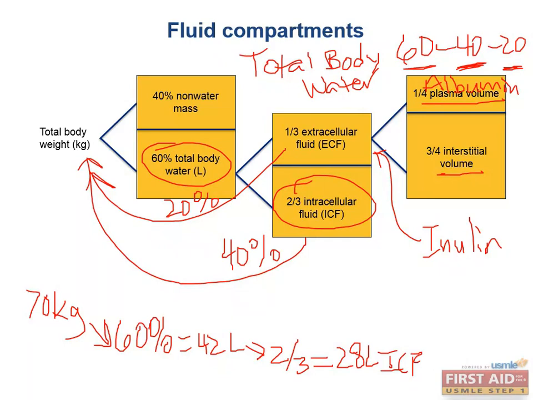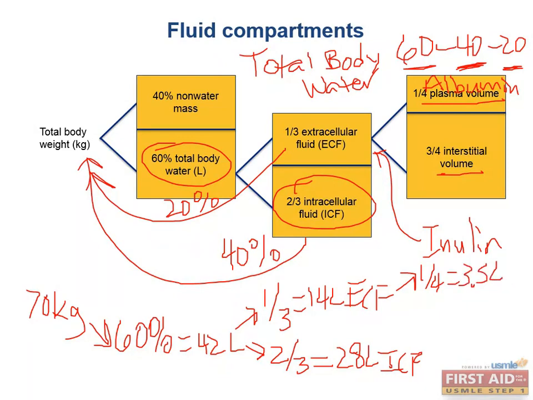The remaining 1/3, which is equal to 14 liters, is going to be ECF. And of that ECF, about 1/4 is going to be what? Plasma volume. That's right. So that gives us 3.5 liters of plasma volume. And the other 3/4, which is equal to 10.5 liters, is going to be interstitial volume.